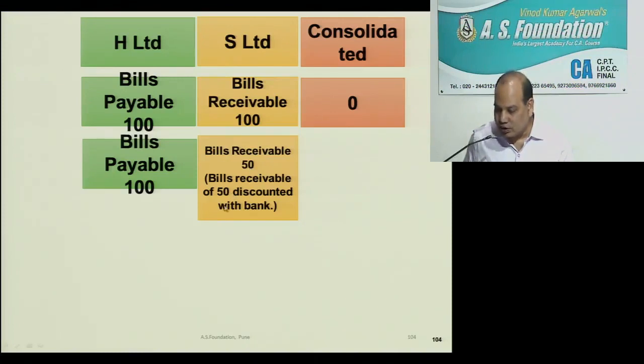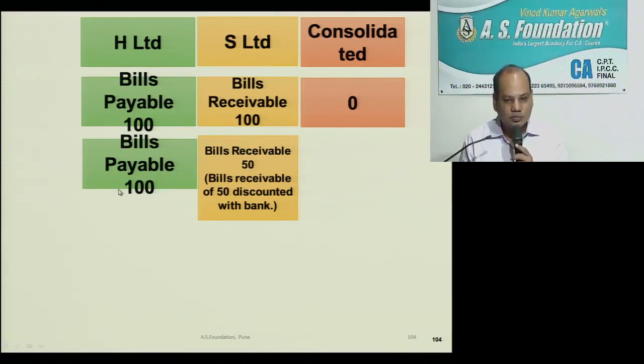And there is a note given in the adjustment somewhere below in your question when you solve: bills receivable of rupees 50 discounted with the bank. So how will it affect your consolidated financial statement? From the asset side deduct 50 bills receivable from group company, and from the liability side, from bills payable, deduct 50 only.